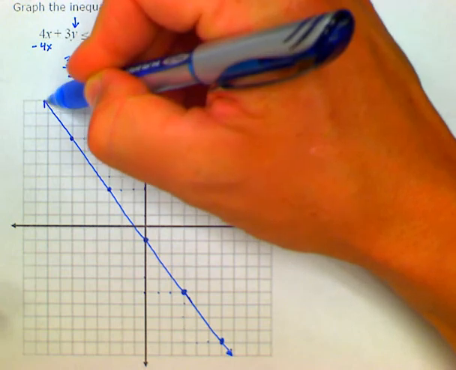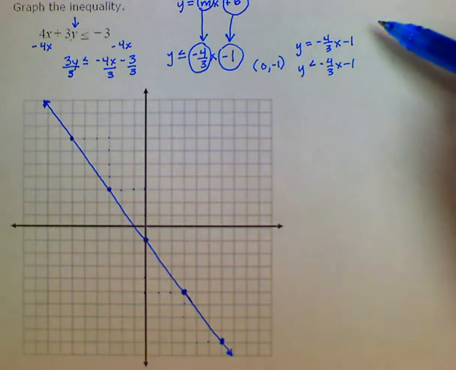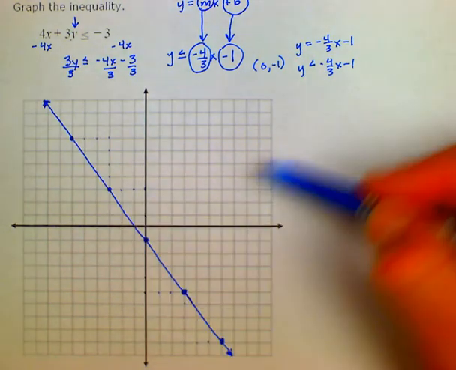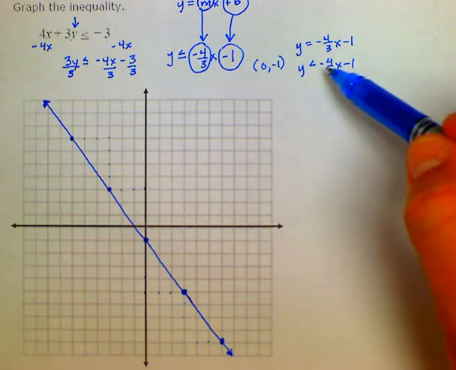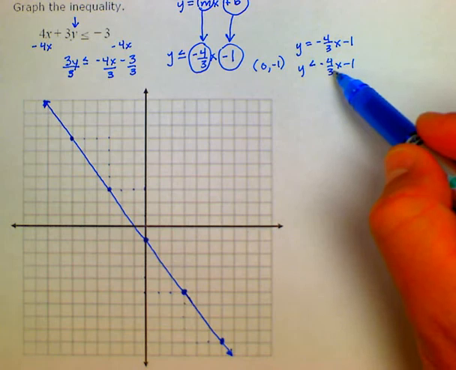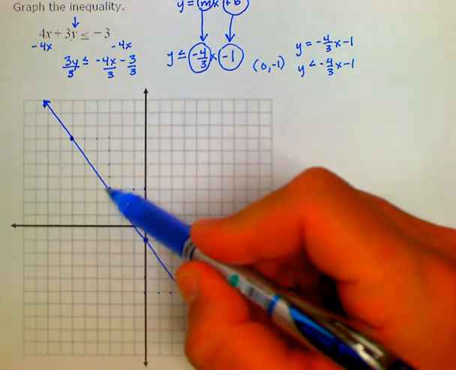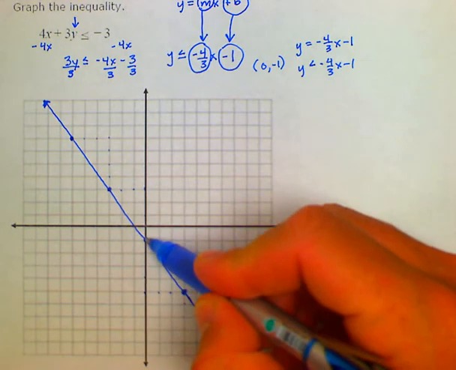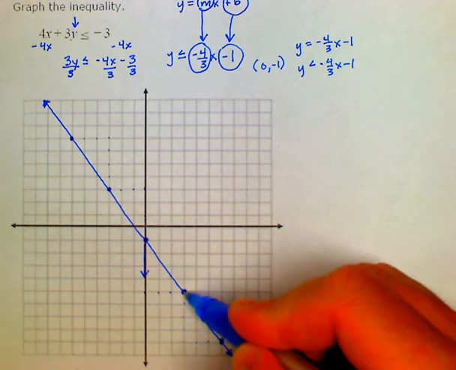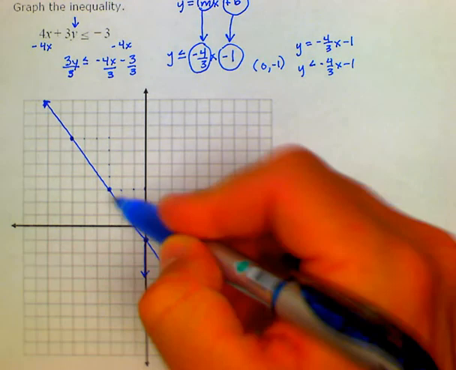And then we need to figure out which direction we want to shade, because inequalities tell us not just that the line is included in the solution set, but that all y's less than negative 4/3 x minus 1 are included. So when we come to any point on the line, we know that all the y's less than or below that are included in the solution set.